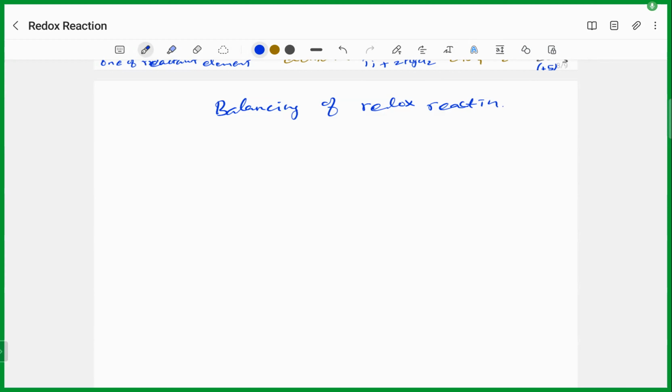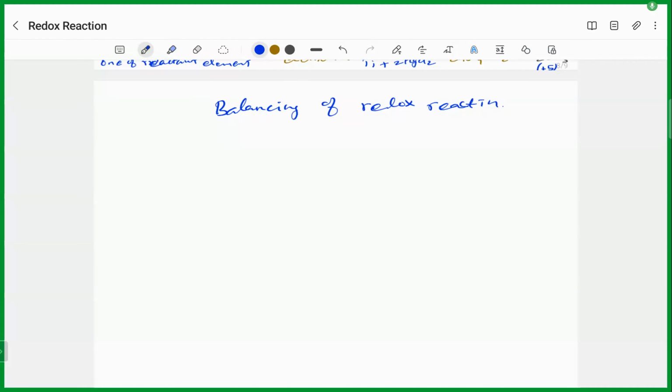Now shall we do the ion electron method? First, which is oxidation and which is reduction? We saw earlier, P4 gives H2PO2 minus. So here it was 0, it became +1. So this is oxidation. Why? Loss of electron is oxidation. And then P4 gives PH3. So this is called reduction.